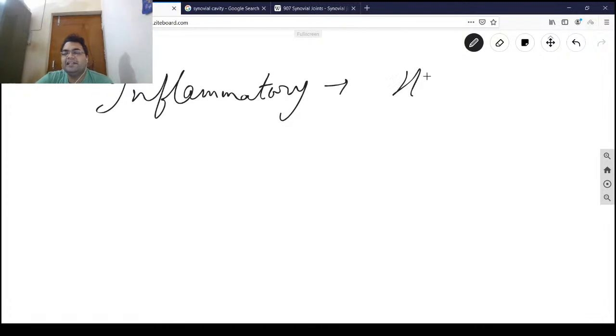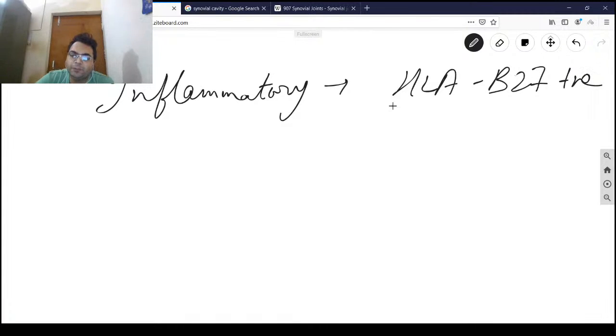There are certain individuals who are HLA-B27 positive. HLA is human leukocyte antigen, and HLA-B27 is a type of HLA. If you are positive for it, you are more prone to developing inflammation in the joint.